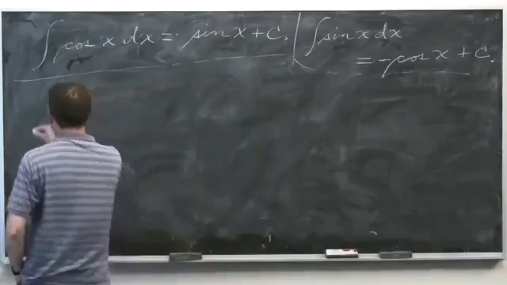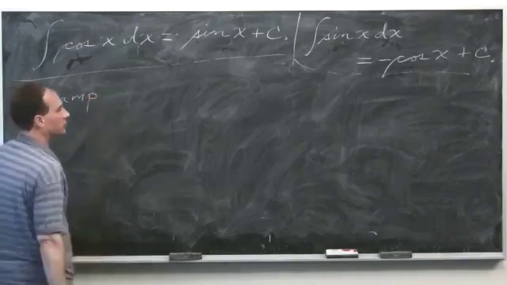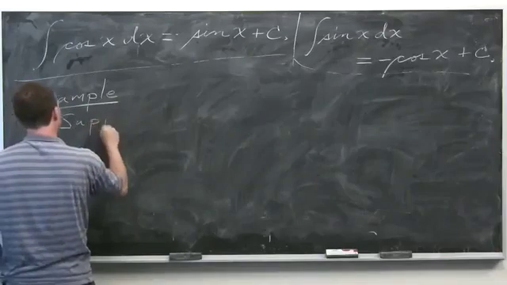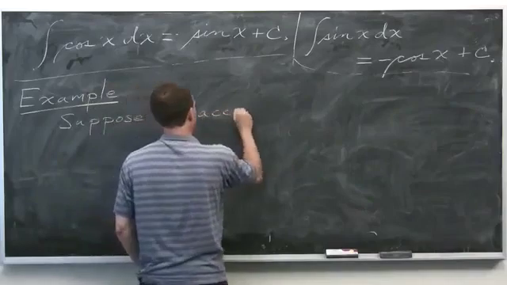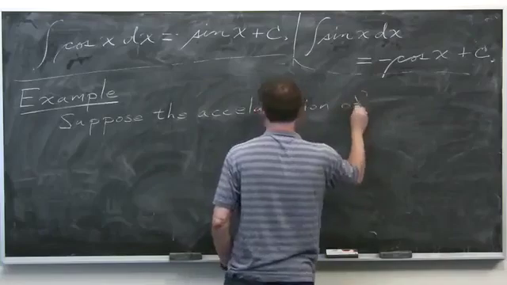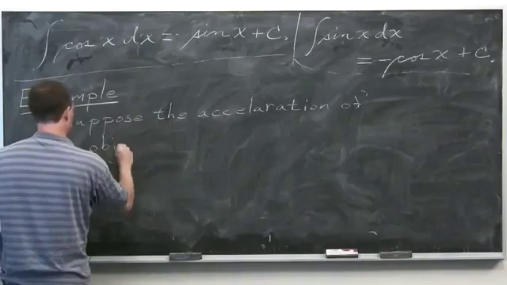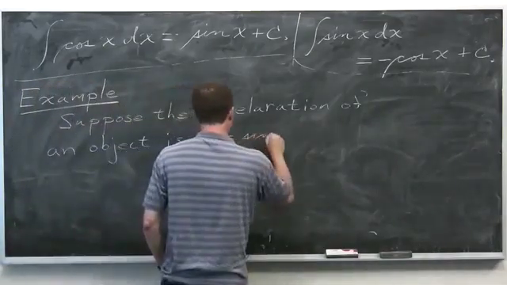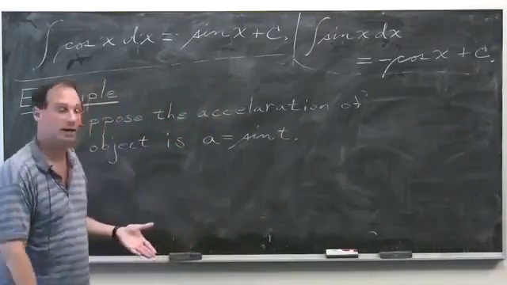All right, so let's do an acceleration problem now where the acceleration of an object, suppose the acceleration is not constant, but that the acceleration is the sine of t, where t is the time.